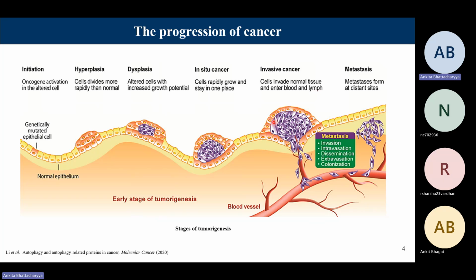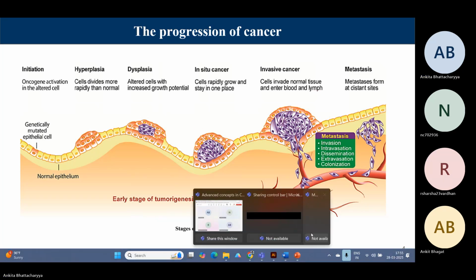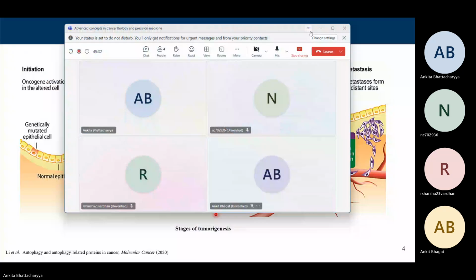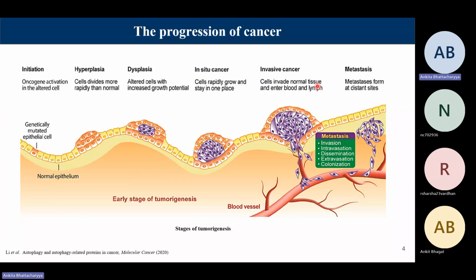Following which, if there's the transformation of these cells to be able to invade the particular tissue where it is residing and then move into the blood and the lymph of the individual, then that would be considered to be invasive cancer.